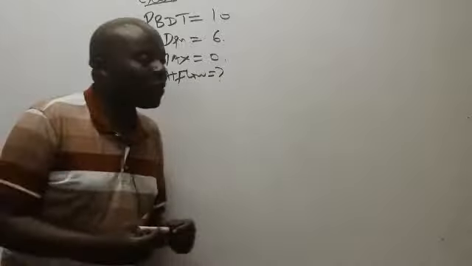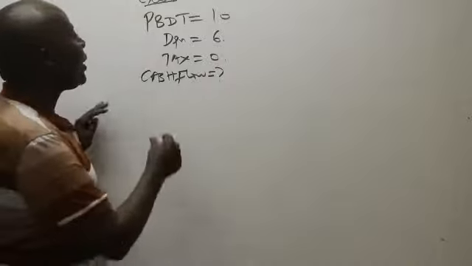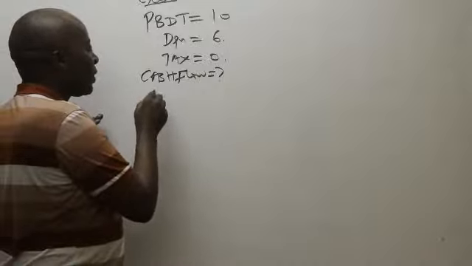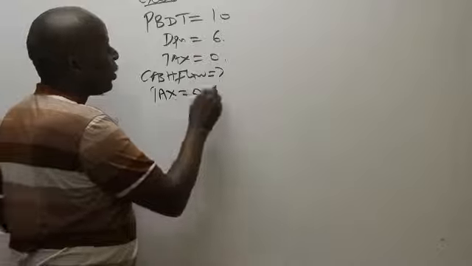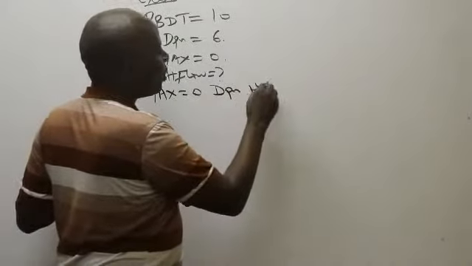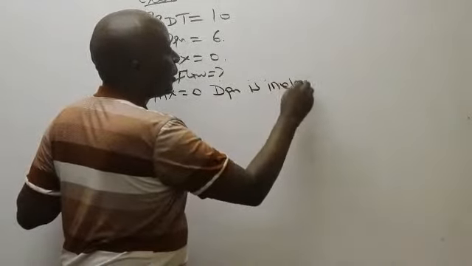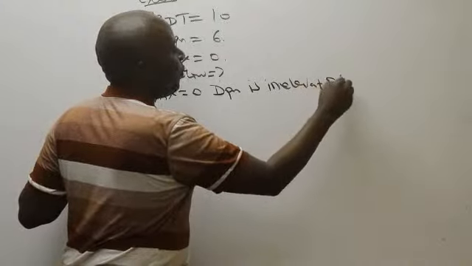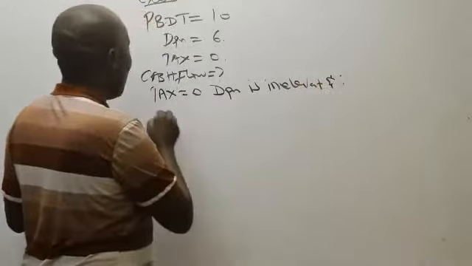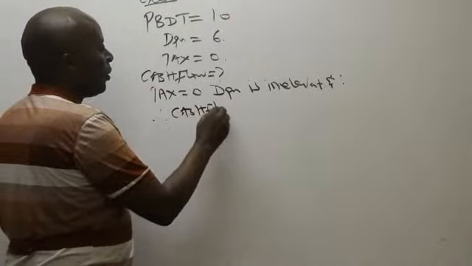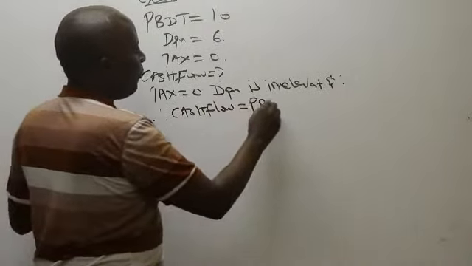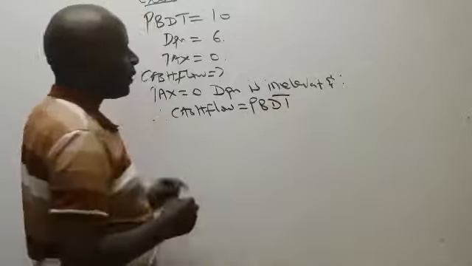So they're telling me it is 10, because these students have known something very important: that when tax equals 0, depreciation is irrelevant. And therefore, cash flow will be equal to profit before depreciation and tax.